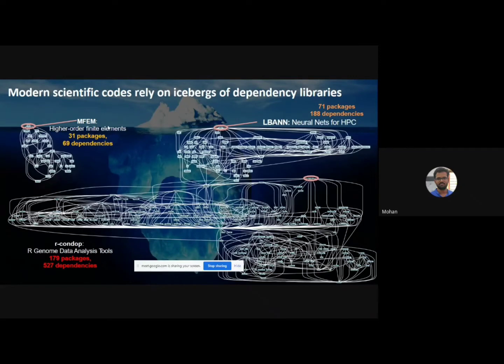If you go to LBANN, which is a neural network library for HPC developed by Lawrence Livermore National Laboratory, that is a medium size package which requires 71 packages, 188 dependencies. And Anaconda is one such data analytics tool, mostly adopted in AI, that requires 179 packages and 527 dependencies.